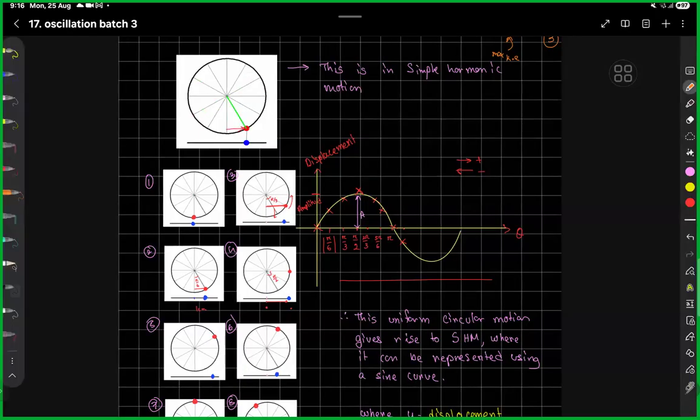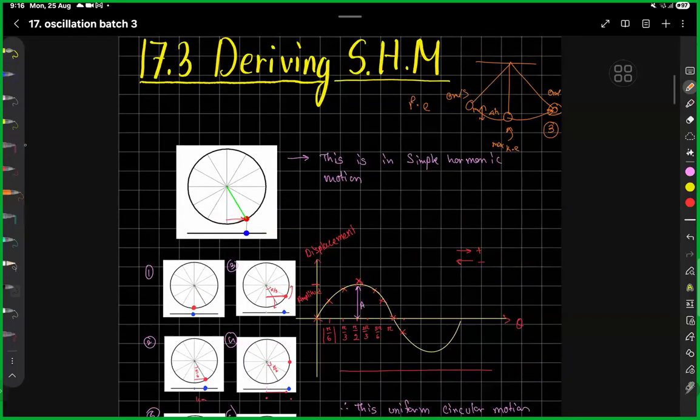So basically, what happens is if I shine some light over here, there's a light source over here, and it is creating a shadow of this red ball onto this wall, right? That's how I'm going to explain.